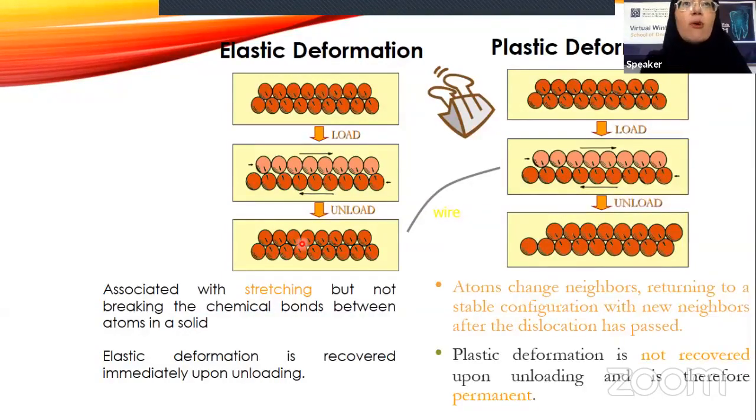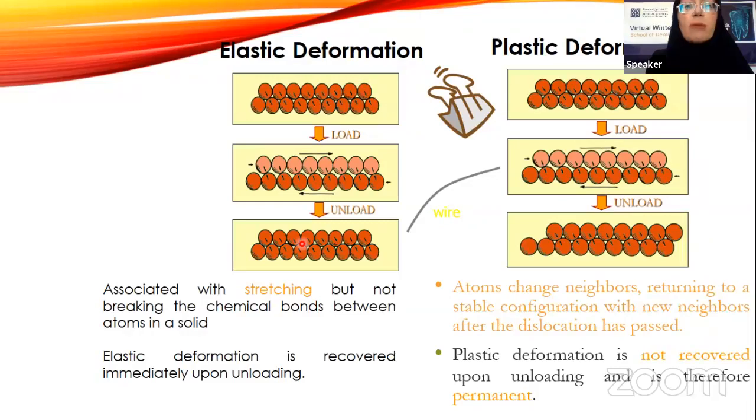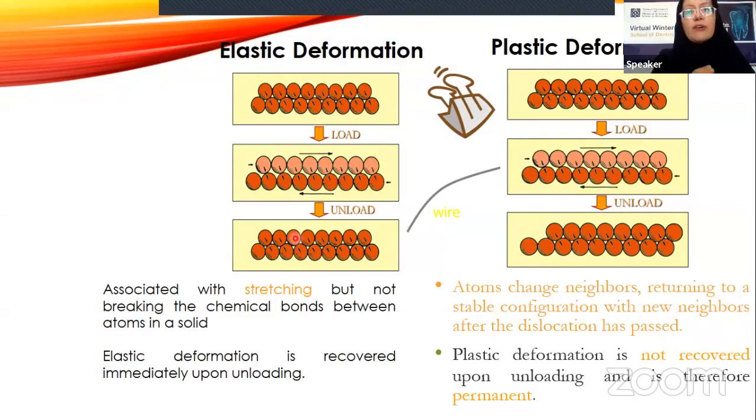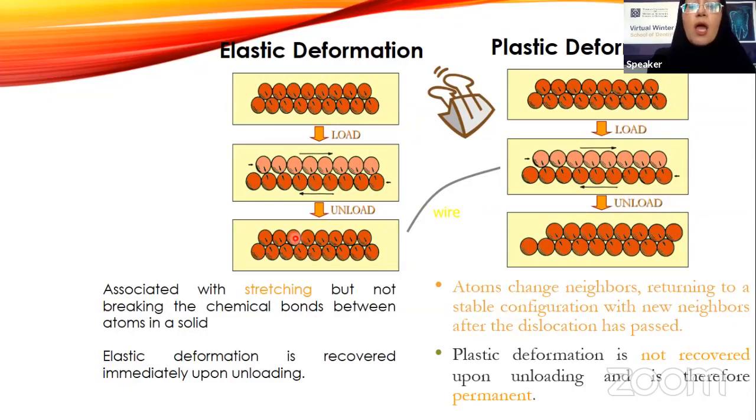Elastic deformation means that any deformation produced on the material can come back to the original form upon unloading. But plastic deformation indicates that in the plastic region, upon unloading, the changes of the material cannot go back to the original form.